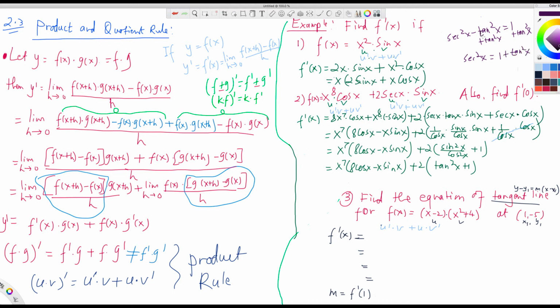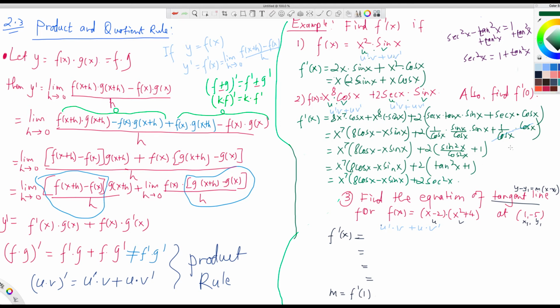So you can write tangent square x plus 1 as secant square x. So how would that look then? The final answer is x to the 7, 8 cosine of x minus x sine of x, plus 2 secant square x.